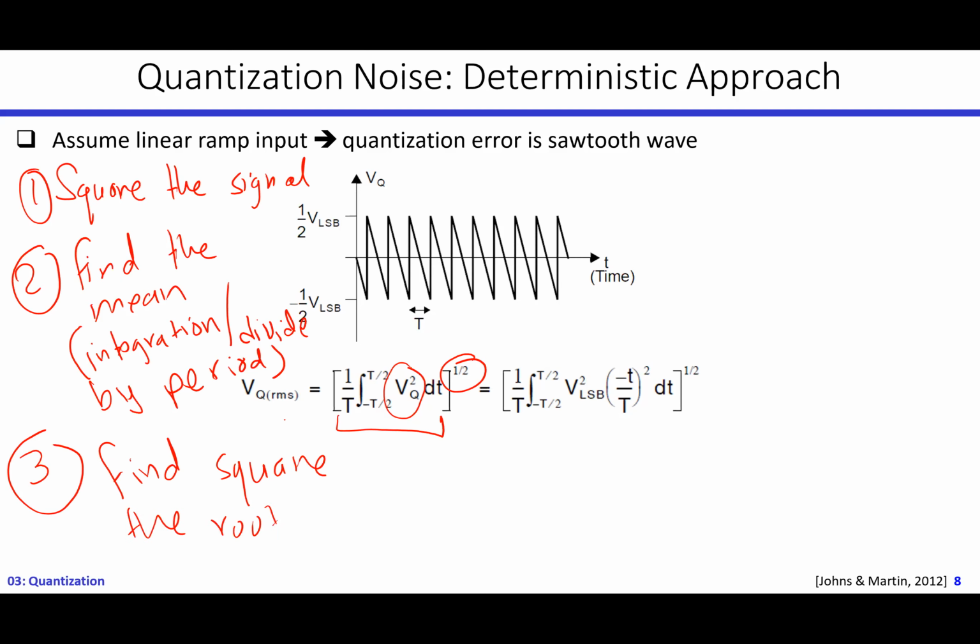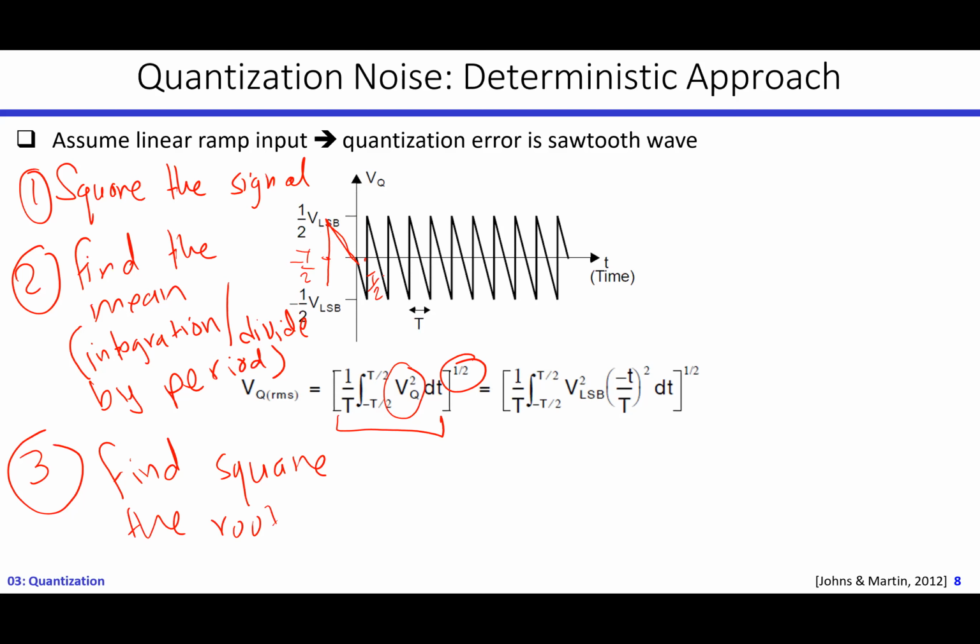Now, if you look at this, it's going to continue. My drawing is not so accurate, but I draw it assuming that it's connected here, and this is minus T over 2, and this is T over 2.